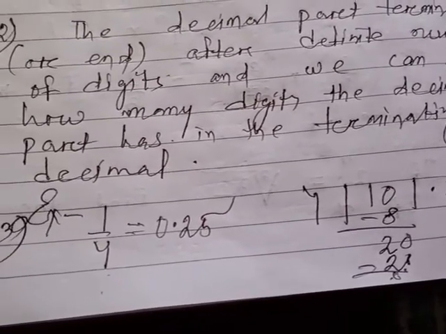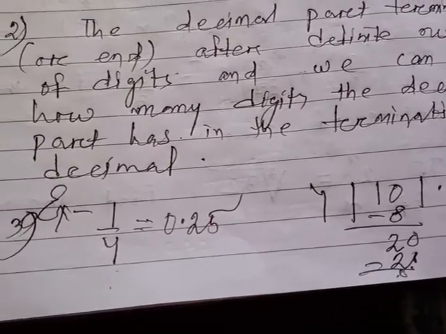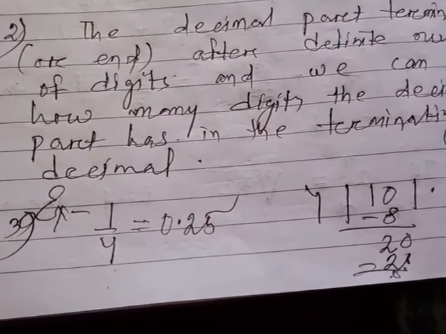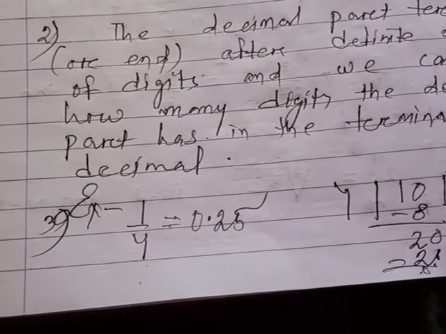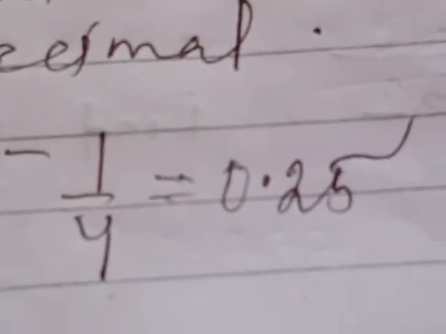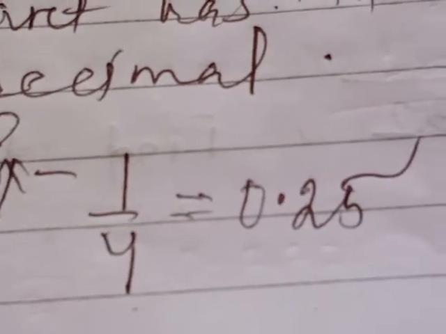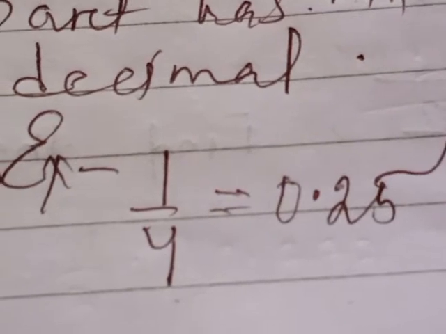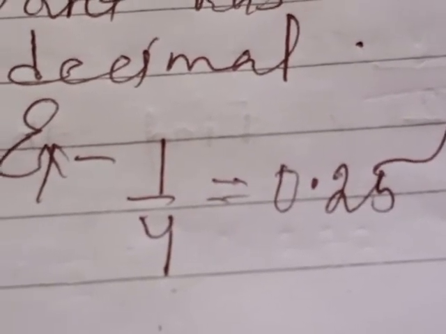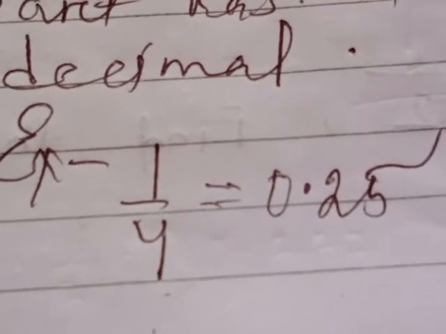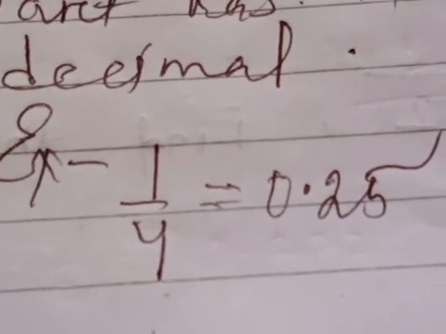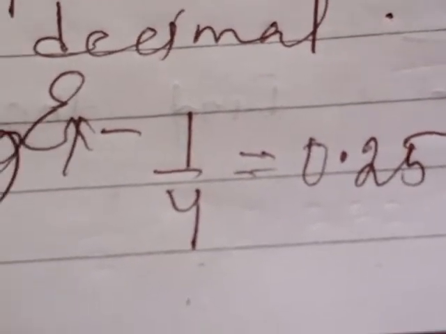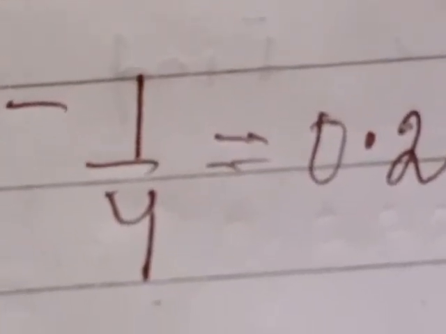Another thing also, without dividing you can say whether a number is a terminating or non-terminating decimal number. By looking at the fraction, you can say. What is the fraction here? 1 upon 4. You see the denominator of the fraction, the denominator is 4.